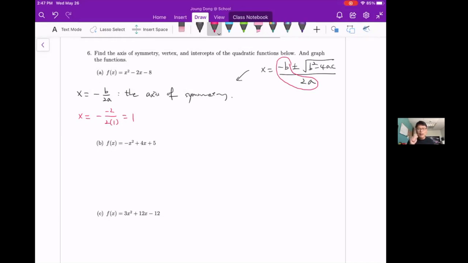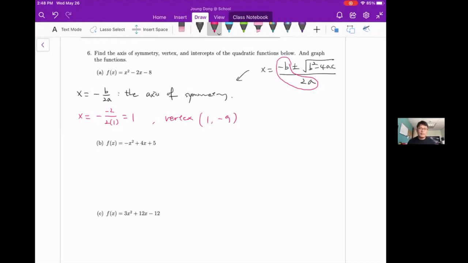So when you plug 1 back into your function, that function value will be the y component of the vertex point. When I plug in 1, 1 squared is 1, minus 2 times 1 is minus 2, and minus 8, which is minus 9. So your vertex point is (1, -9). Are you okay so far?